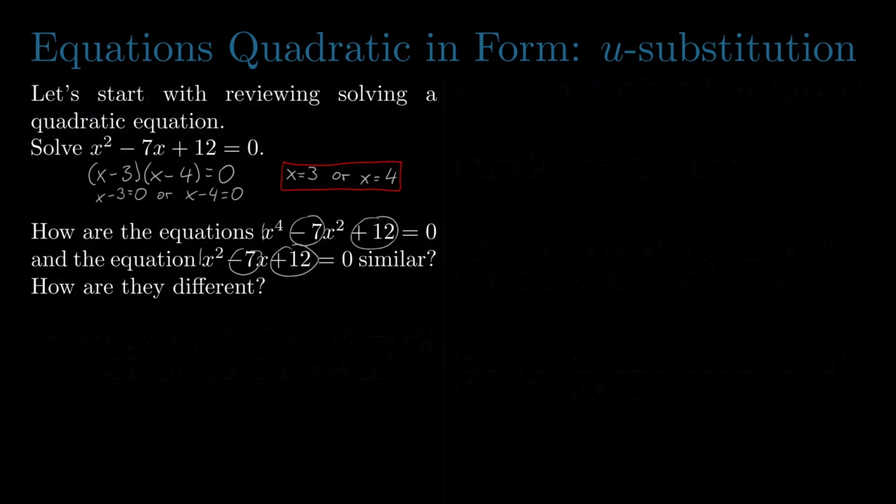It's just the powers on x that differ between the equations. We have x to the 4th here, while we have x squared there, and we have x squared here, while we have just x there. So this 4th degree equation looks almost like the quadratic equation that we started with.